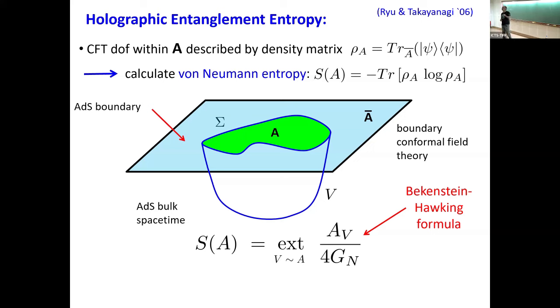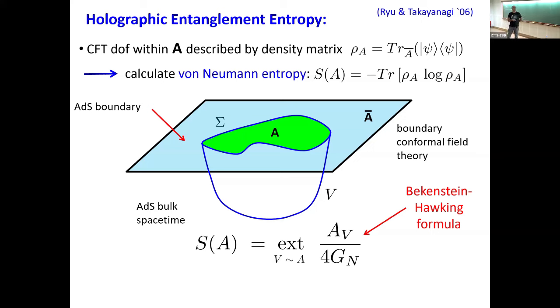Now that can be a difficult or challenging problem in even a simple free field theory. And here we have conformal field theories with strong interactions and large numbers of degrees of freedom. But what our friends Ryu and Takayanagi taught us is that holography lets us translate this difficult calculation in the boundary conformal field theory into a relatively simple geometric formula in the dual gravity theory.